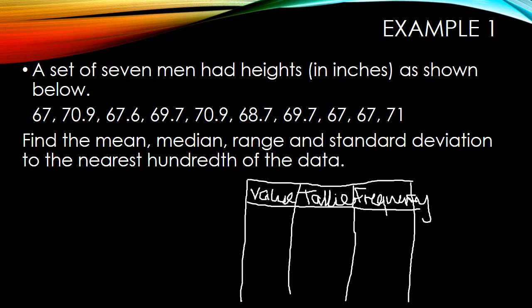So the first value I have is 67, and I see 67 1, 2, 3 times.